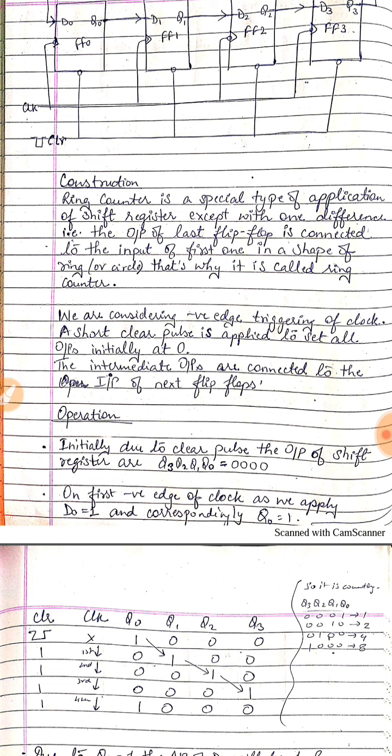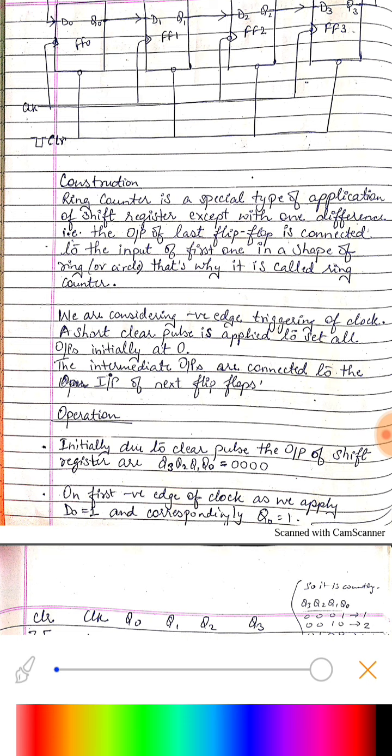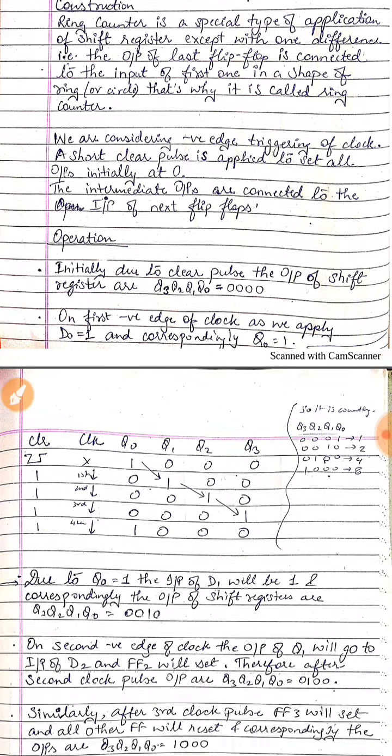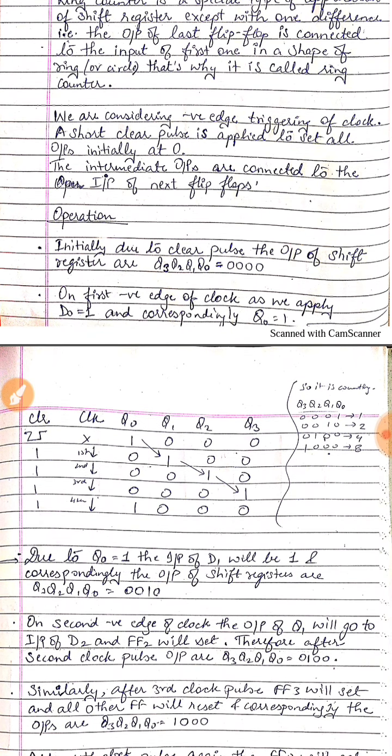The intermediate outputs, as I have already told you, are connected to the input of the next flip-flop. Okay, let's see the operations now.